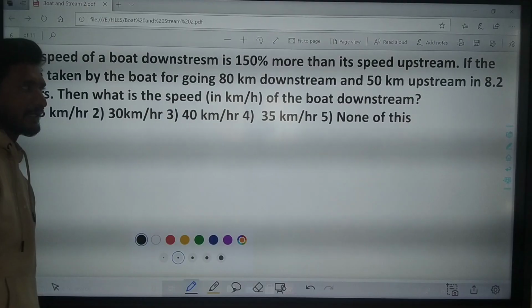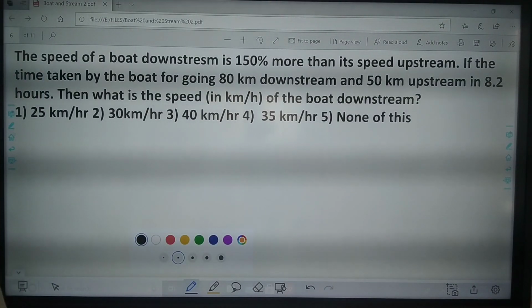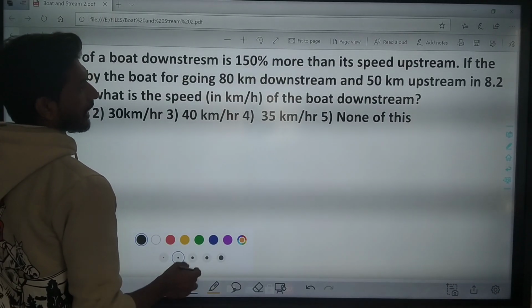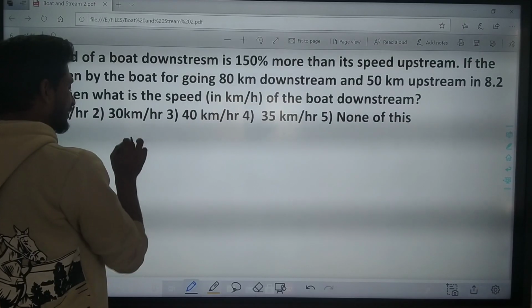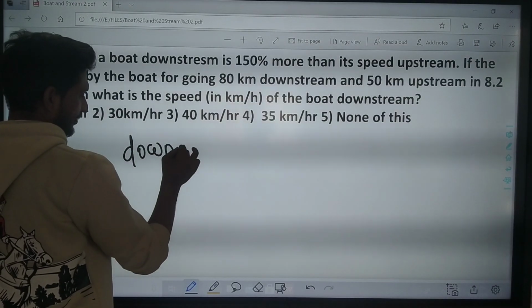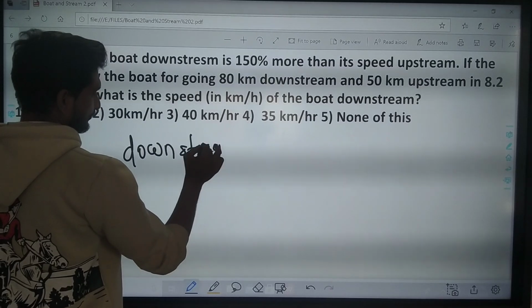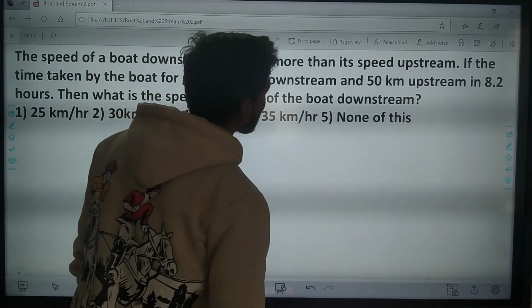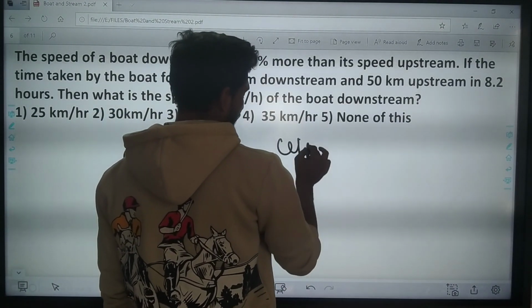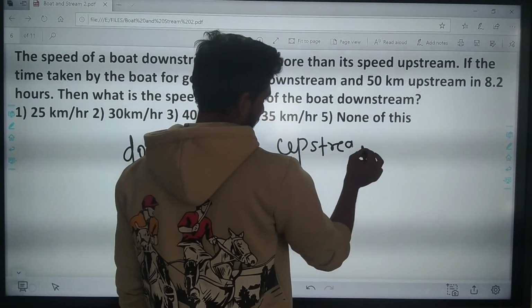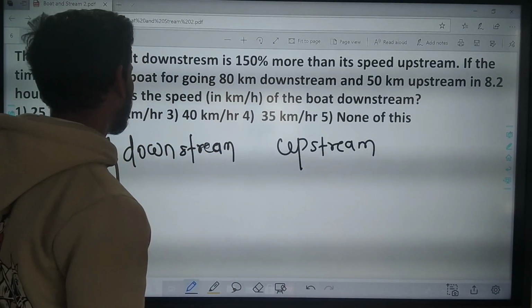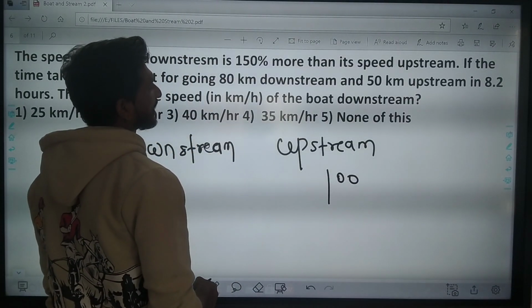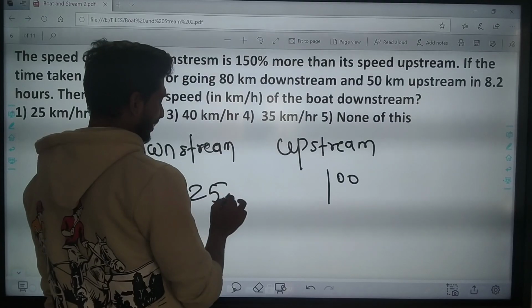Here, the downstream speed is greater than the upstream speed. 150% more means if the upstream speed is 100, then the downstream speed is 250.